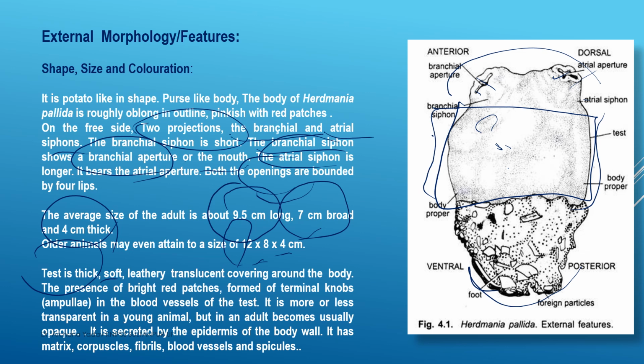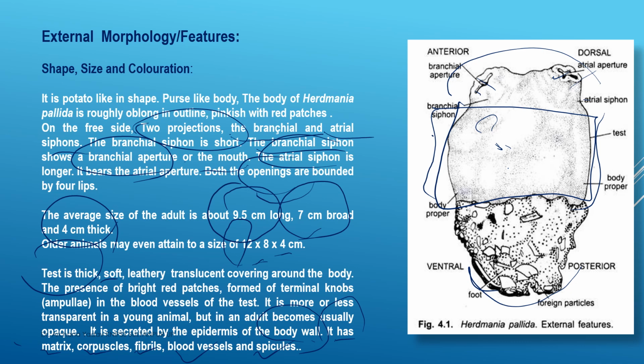The test is transparent in the young stage, but in the adult it becomes opaque. This test is secreted by the epidermis of the body wall, or mantle, and it has several components like matrix, corpuscles, fibrils, blood vessels and spicules.